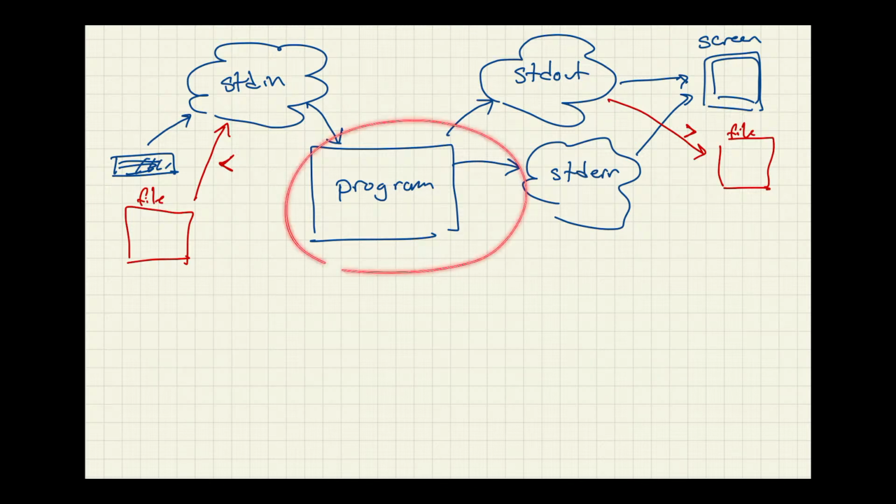So your program is just going along, doing its business, reading stuff from standard input, sending it to standard output. It has no idea what's going on beyond these lines over here. It has no idea that standard input is no longer connected to your keyboard, but is now connected to a file. And likewise, it has no idea that standard output is no longer connected to your screen, but is also connected to a different file. And now the output that would have gone to the screen is instead redirected, diverted, if you will, into a file where it appears.